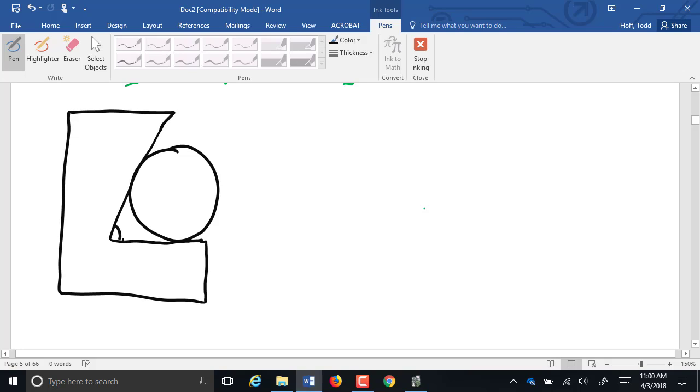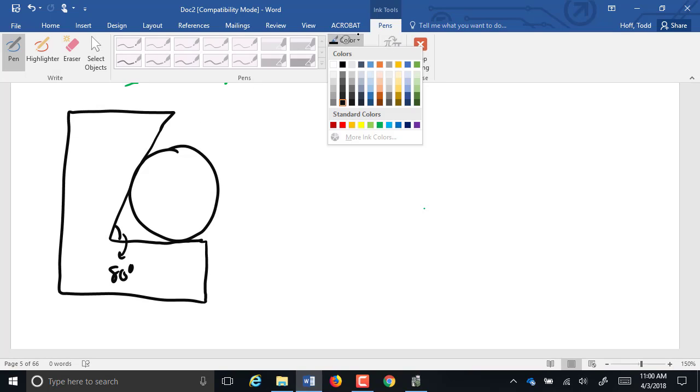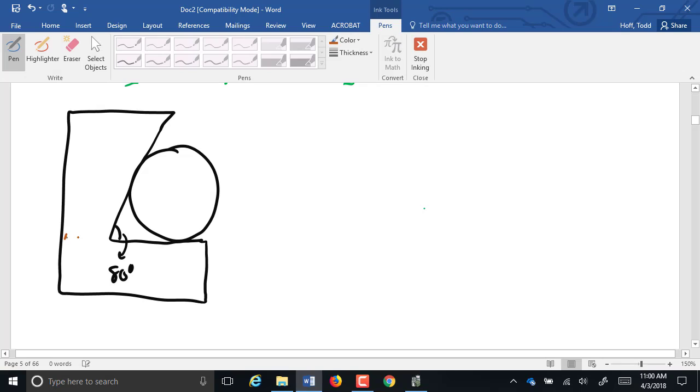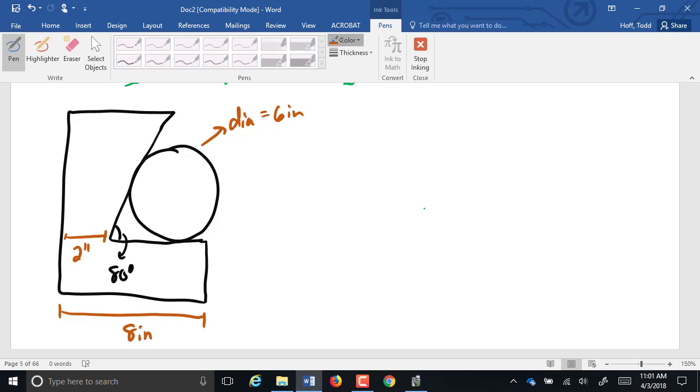So let's say we've got 80 degrees here. That's an 80-degree angle. And I'm going to make this a little bit easier on you. This is going to be 2 inches here. Let's say that this has a diameter of 6 inches. This is 8 inches here.